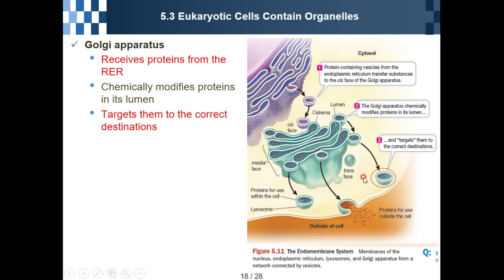Sometimes they can transport protein to the nucleus. Sometimes they can transport to mitochondria. Sometimes they can transport to the chloroplast, something like that. The main function of the Golgi apparatus or Golgi complex is to receive the protein and after that chemically modify the protein.